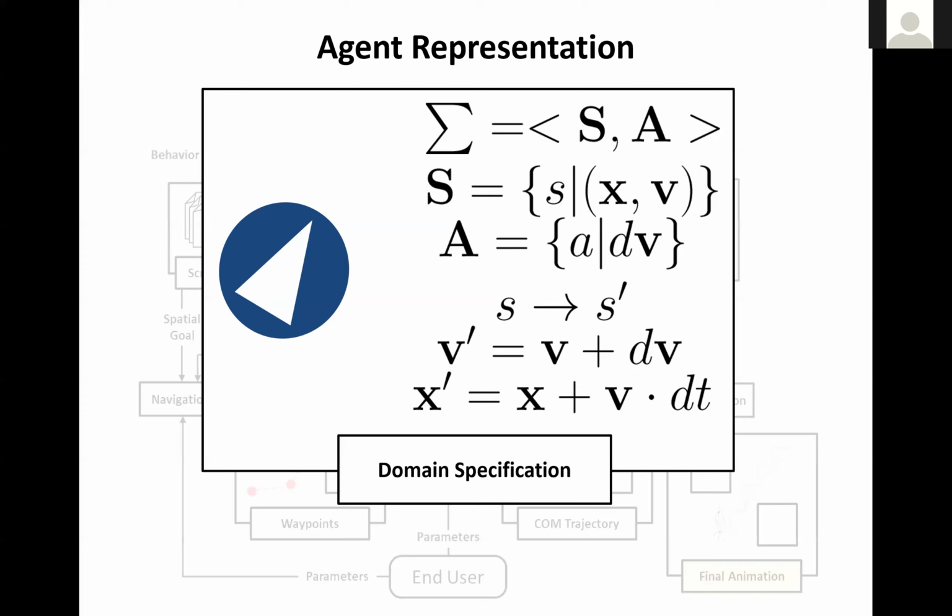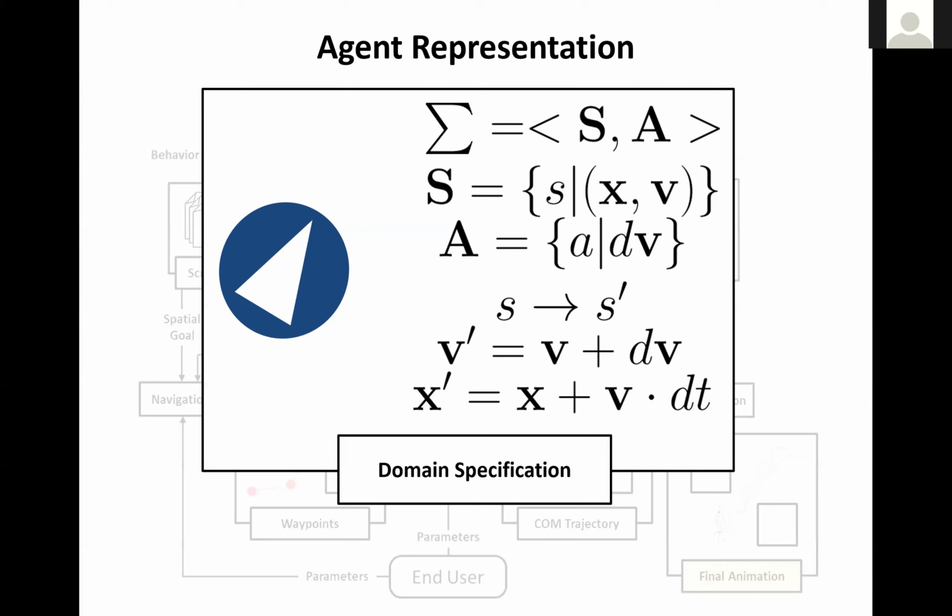So the action space then is basically its acceleration, or the change in velocity of that particular particle. Executing an action, so executing an acceleration, which could be an increase in velocity or a decrease, a deceleration, results in a transformation of the state space. So hopefully you can interpret this simple equation.